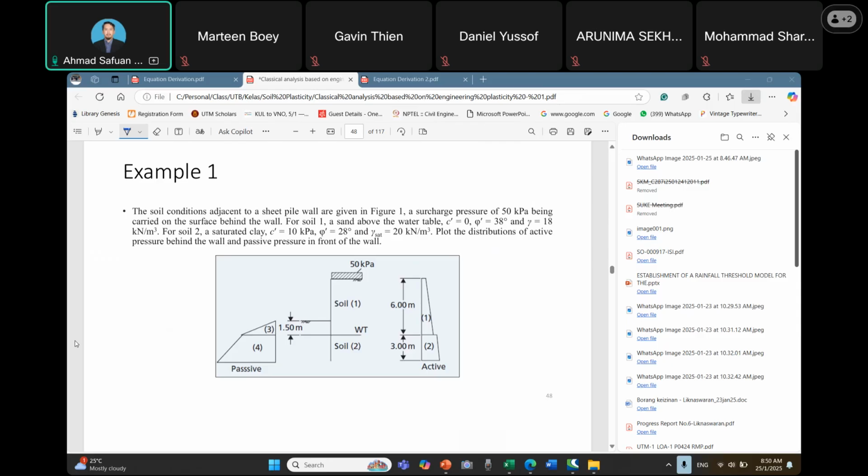For soil number 1, a sand above the water table, c equal to 0, phi equal to 38, and gamma equal to 18. For soil number 2, a saturated clay, c 10, phi 28, saturated unit weight 20. Plot the distribution of active pressure behind the wall and passive pressure in front of the wall.